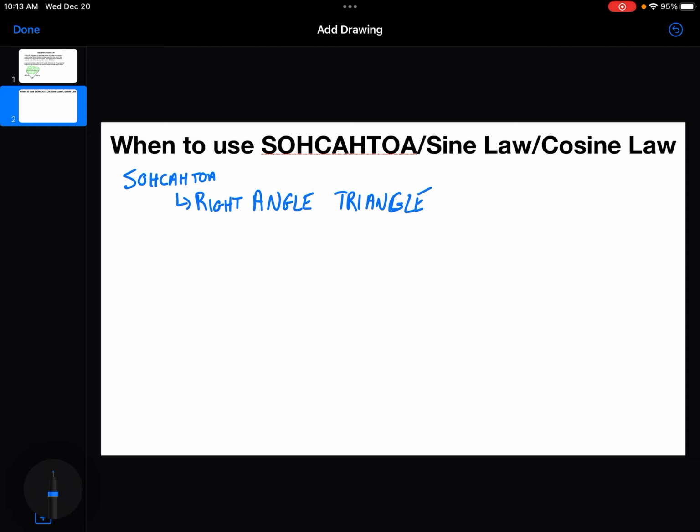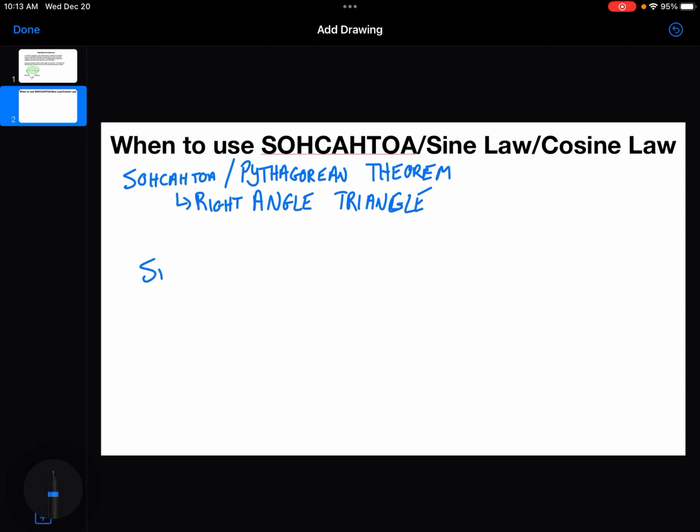So right angle triangles use SOHCAHTOA. You can also use Pythagorean theorem. Okay. Sine law and cosine law.